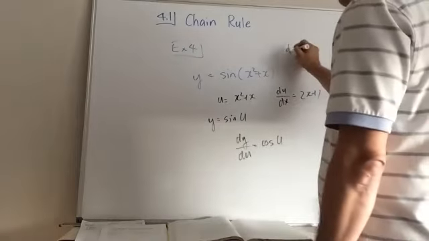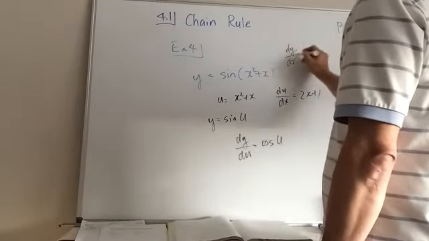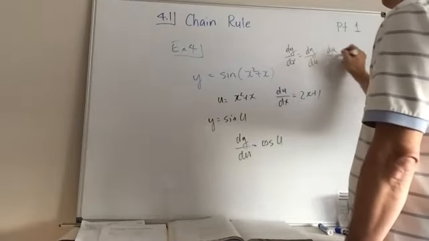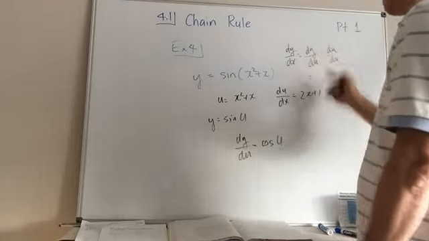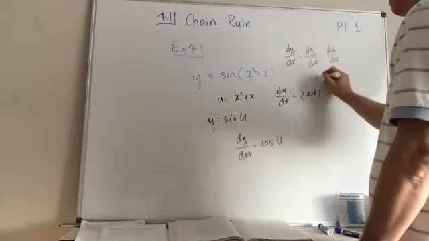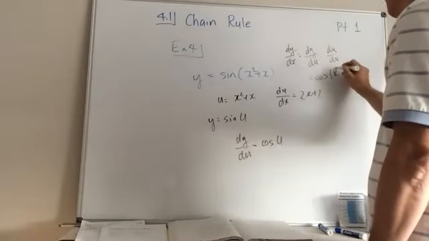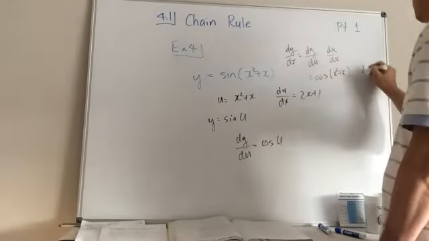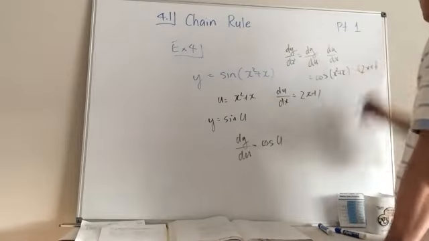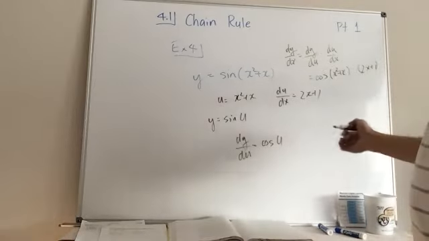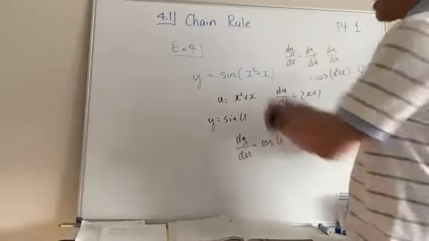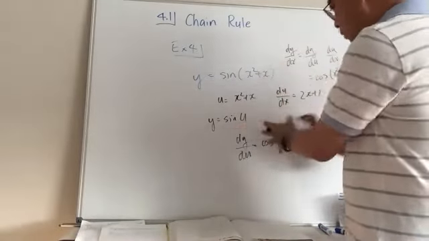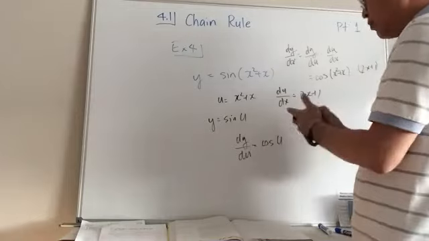So dy/dx is equal to dy/du times du/dx. dy/du is cosine u, which is cosine of x squared plus x, times 2x plus 1. It's the same result, but we're doing the outside first and then the inside. I don't have to write down the u and the du/dx and all that stuff.